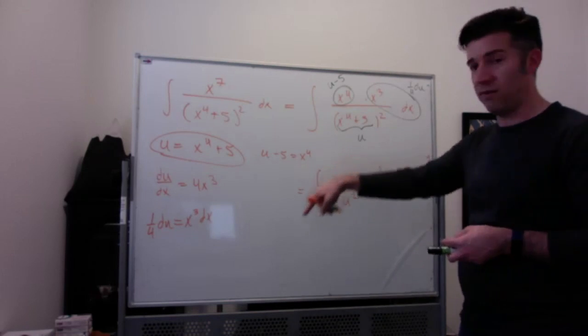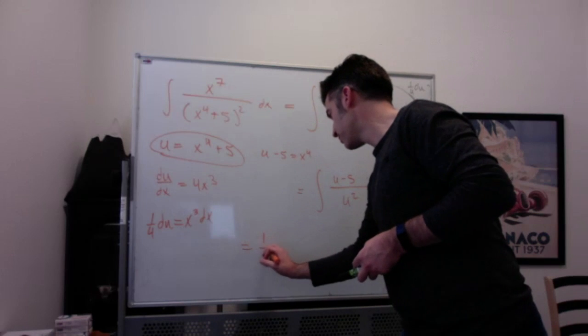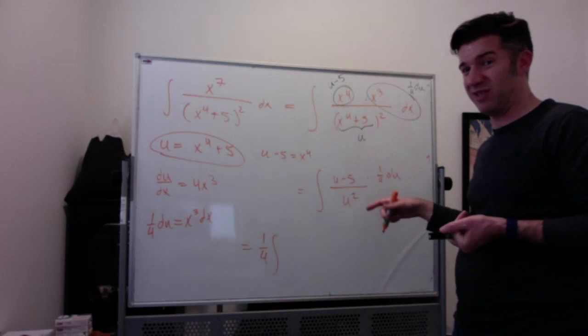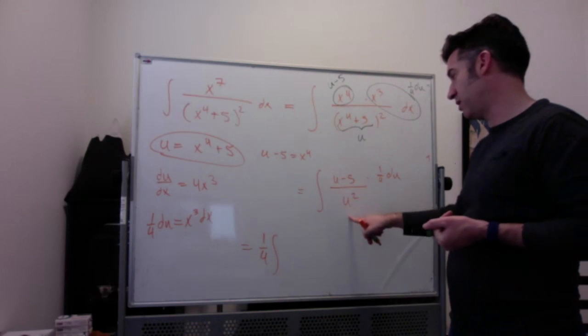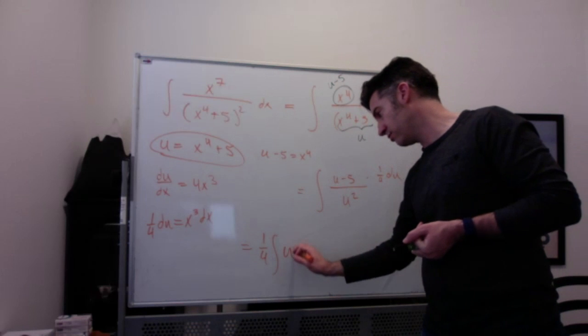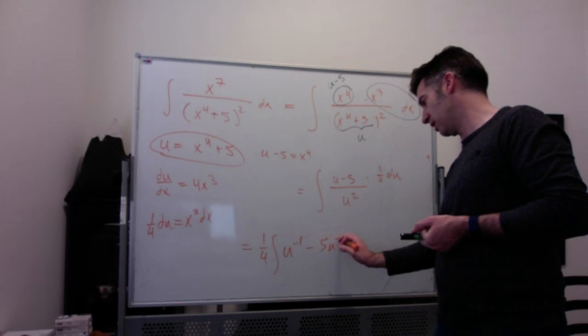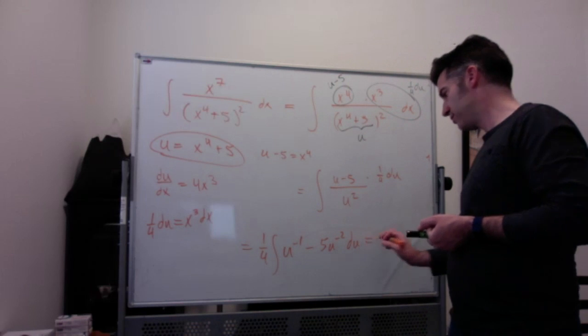The 1/4 can come out in front. And just like in the previous problem where we divided a bunch of stuff by the denominator, we're going to do the same thing here. u divided by u squared is u to the negative 1. 5 divided by u squared is 5 times u to the negative 2.